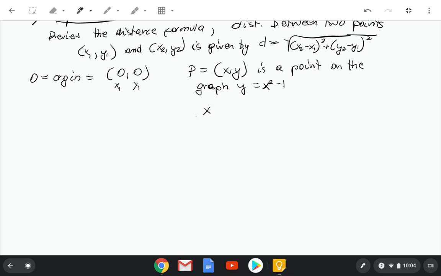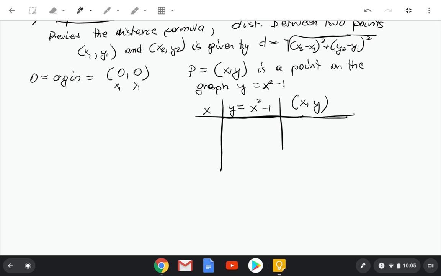So you have x, and to evaluate y, we have to plug in into the equation, x squared minus 1, okay? So technically we have points x comma y. Since we're building the function, you should not have two variables for a function. Okay, you have to have input and output.